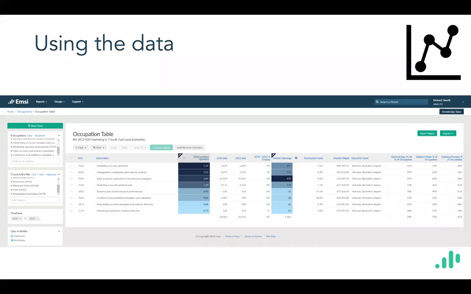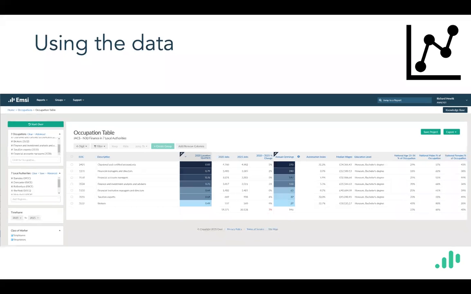We've taken 7 local authorities here, which are in a 30-mile radius from Basingstoke, where EMSI are based. So this is the imaginary University of Basingstoke region of interest. And what we can see here is there's quite a strong location quotient. There isn't much growth, but there is relatively good churn.